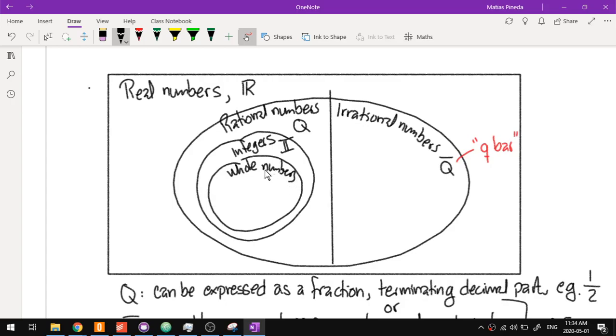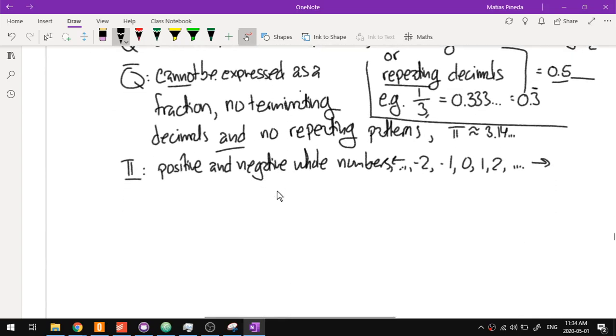Okay, whole numbers are often indicated using a capital W. Okay, whole numbers include the 0 but not the negative numbers, so they include 0 and positive whole numbers.